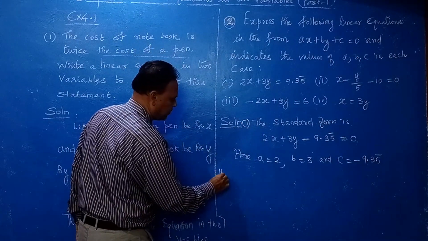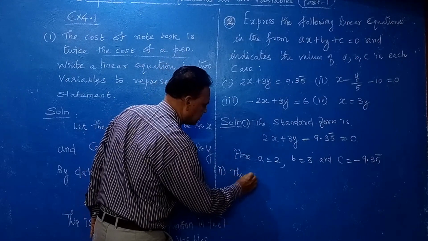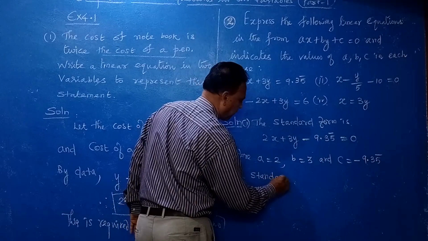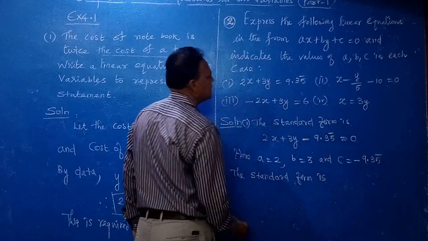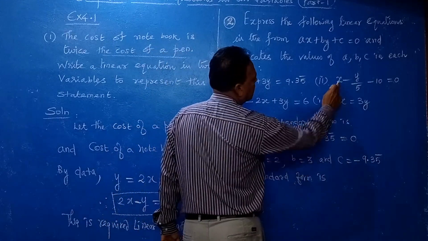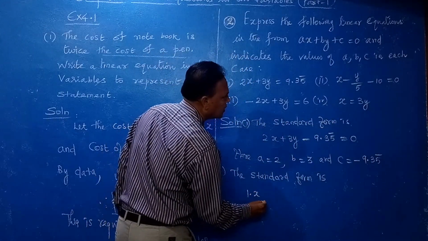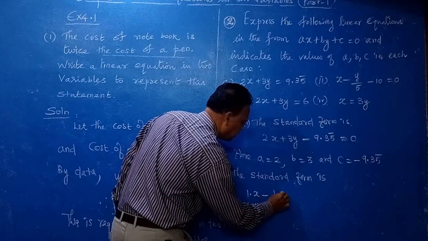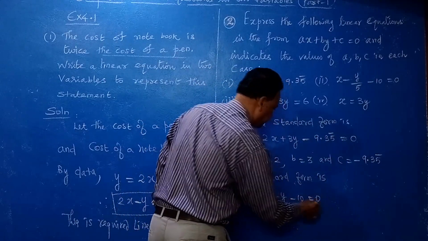Come to the second problem. Again, the first thing to write is the standard form, which is 1 into x minus 1 by 5 into y minus 10 equal to 0.